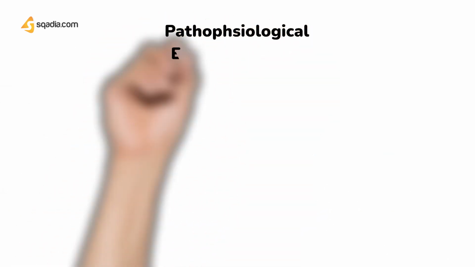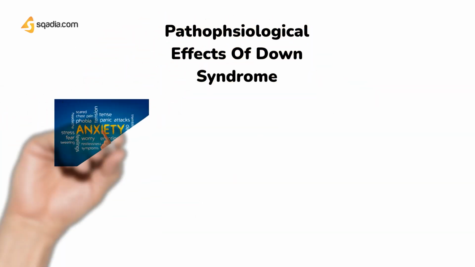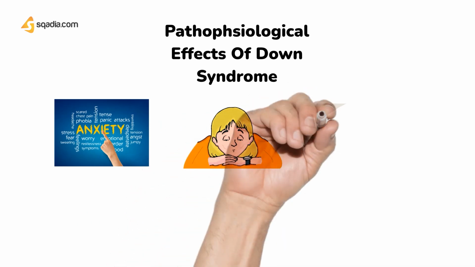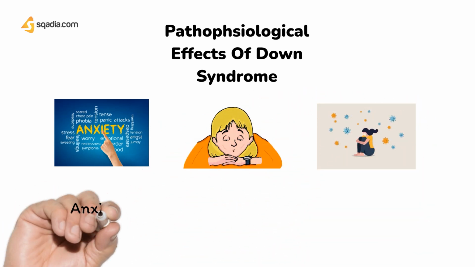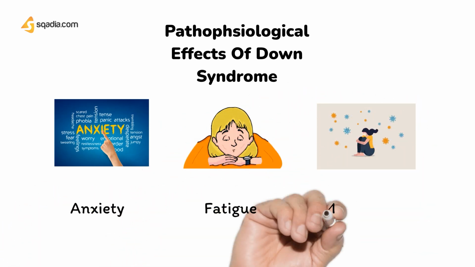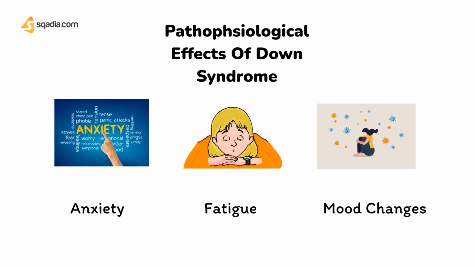So, let's look into the pathophysiological effects of Down syndrome, which include generalized anxiety, obsessive compulsive behaviors, then regression with the decline and loss of cognitive and social skills, chronic sleep difficulties, fatigue, and mood related problems. There is another thing in the pathophysiology which is called manifestations.